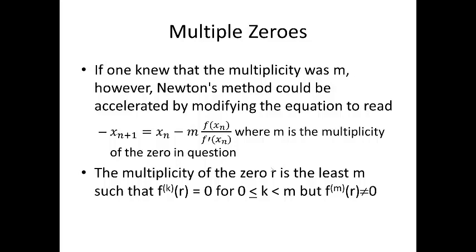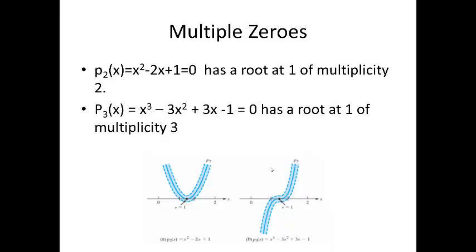The multiplicity of the zero r is the least m such that the kth derivative of f at r is equal to 0 for k less than m, but the mth derivative is not actually 0. And you can see a couple examples of these functions with more than one zero on pages 131 and 132 of the text.